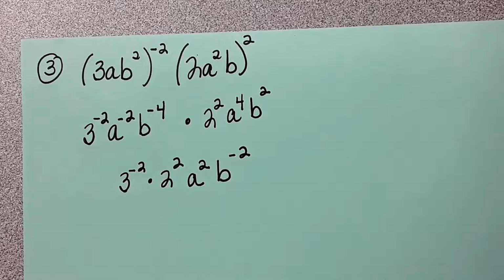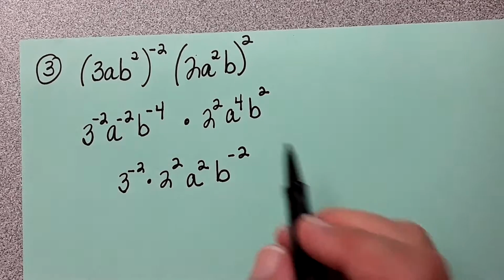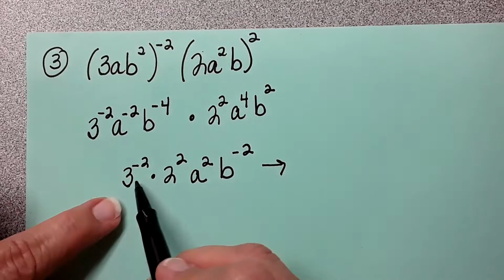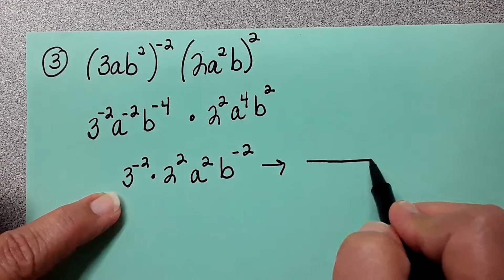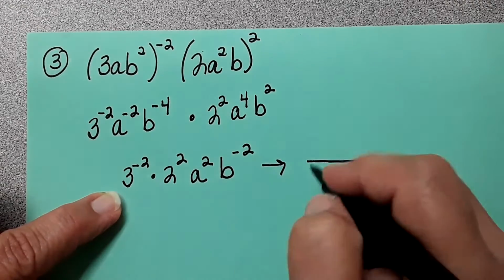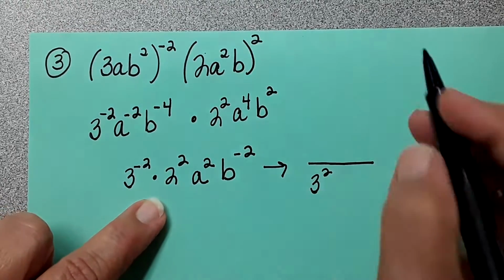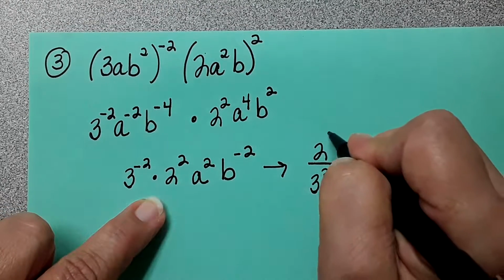Now we're going to take care of all of those exponents that are negative. So 3 to the negative 2 goes into the denominator. 2 to the second power stays in the numerator.